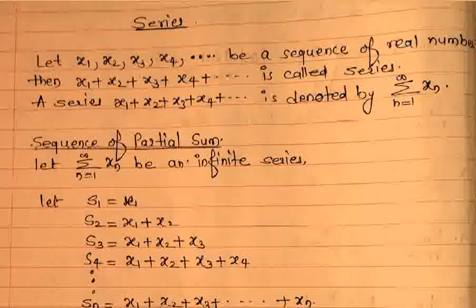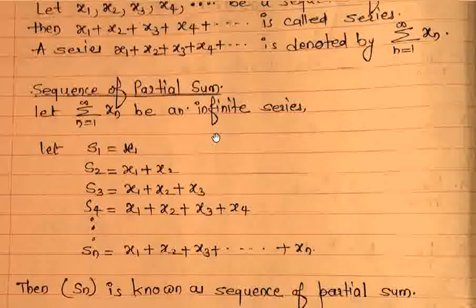So n equals 1 will be the first term, x1, and infinity will be the term where it keeps on going forever. Okay, so that is denoted by this, and the summation sign simply means that you're adding all of the terms between these two limits.